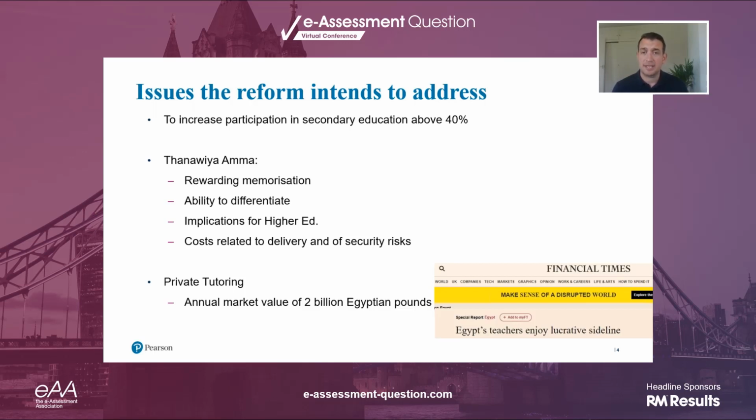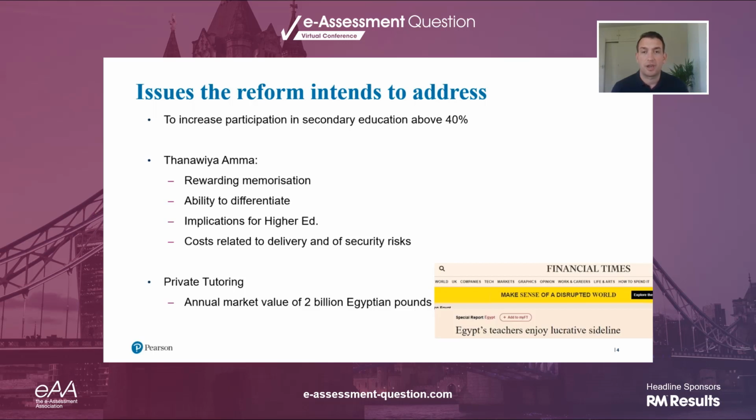Further to that, the current paper-based delivery model is huge in terms of its costs. The logistical operations required to circulate versions of papers across a country as vast as Egypt are astronomical, and there are security risks around the use of social media in circulating content from paper materials.